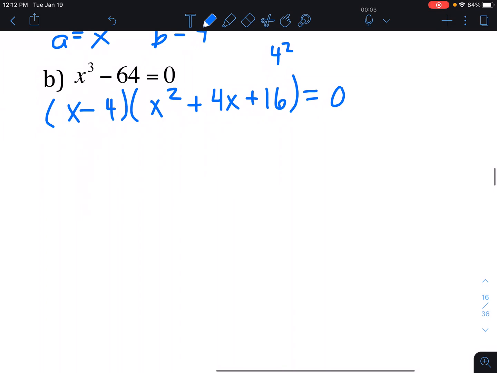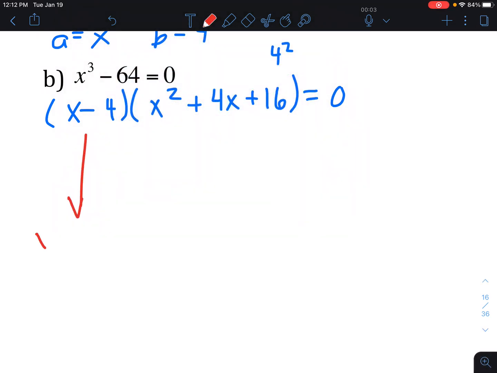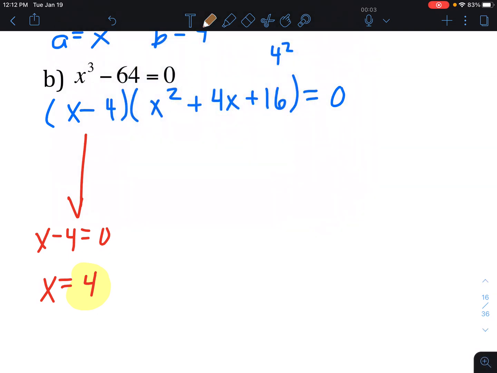Okay, now it is factored. Now let's get some answers. This first one, x minus 4 is 0, therefore x must be equal to 4. Now for your second one, the trinomial, always go to the Pythagorean theorem.